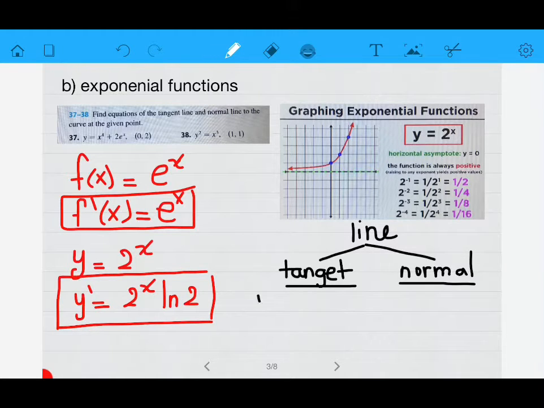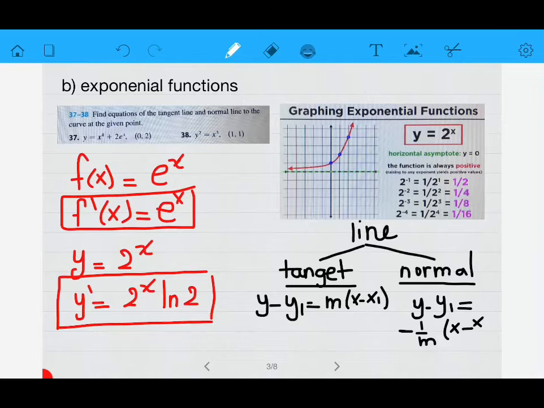For the tangent, we have y minus y1 equals m times x minus x1. For the normal, y minus y1 equals minus 1 over m times x minus x1.